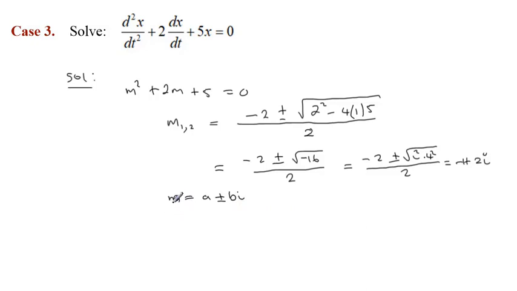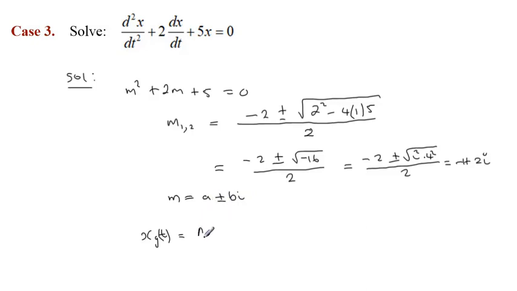So what we notice here is that we simply ignore the plus or minus and focus on a and b, and then you write your general solution, which will be x g of t. Then we take these numbers as follows.